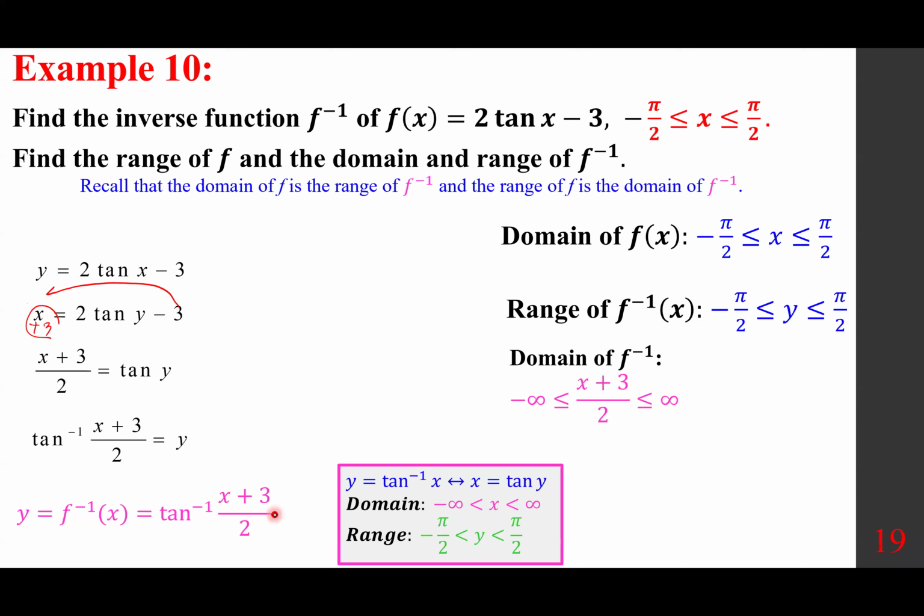Remember, tan inverse, because the domain becomes the range here. So that means x has no restriction because you can multiply by 2. Class, let me just show you. If I multiply both sides by 2, 2 times negative infinity is still negative infinity.